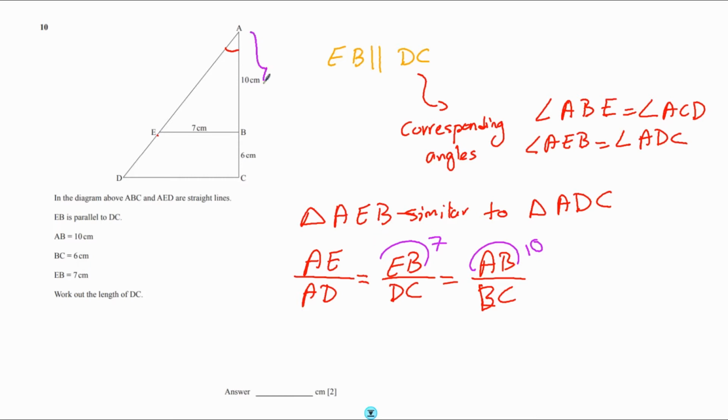Also, AC is 10 plus 6, which is 16. If I look again, maybe I made a small mistake: AE over AD, EB over DC, and AB over AC. So yes, I need to correct this one here. Okay, so this is AC.